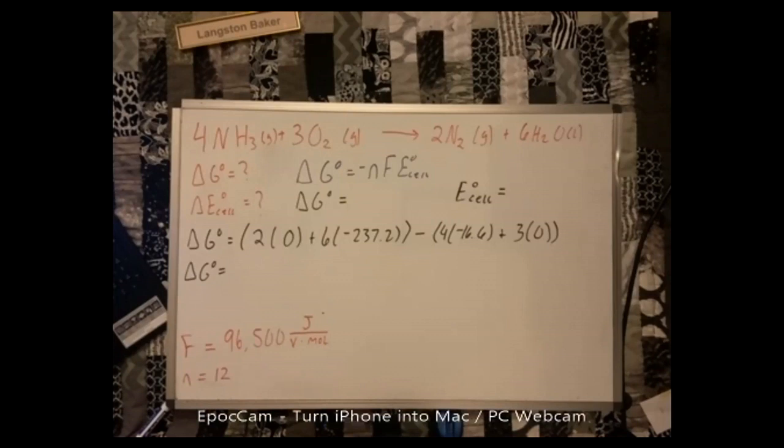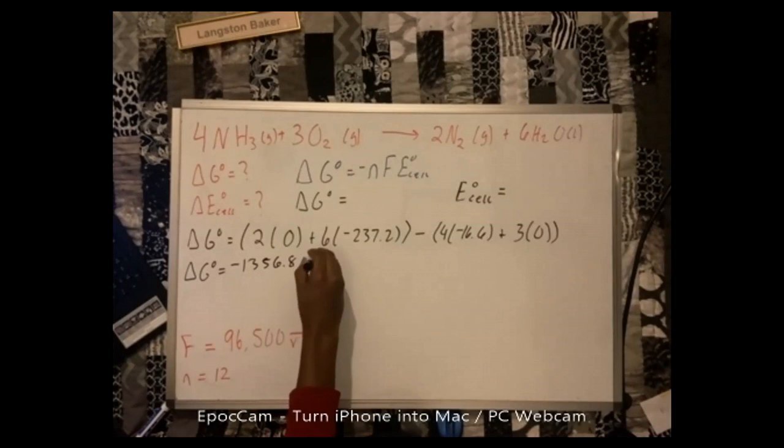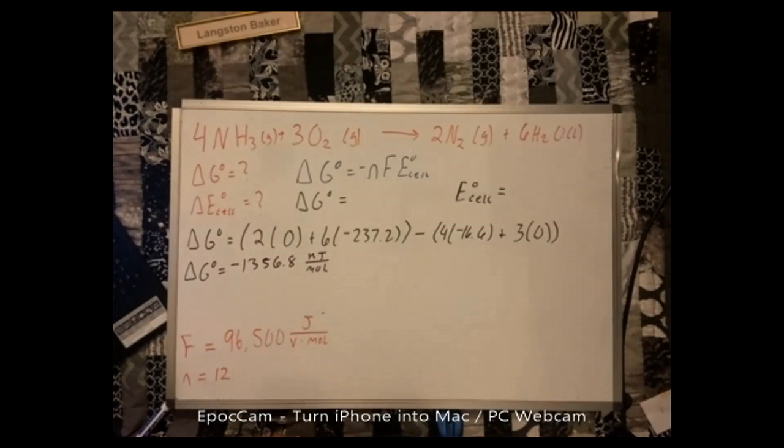I did it already. I got negative 1,356.8 kilojoules per mole. So yeah, we got that.